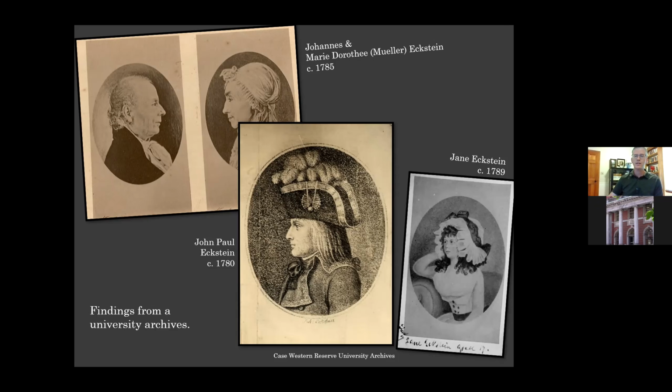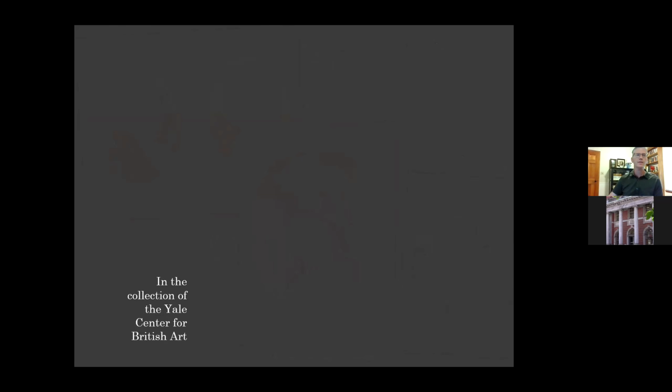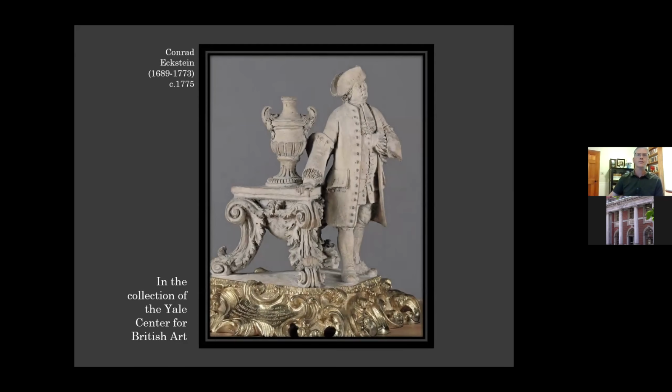And so by searching, I discovered that actually it does still exist, and it was no longer in London, but it had come to the collection at Yale, the Yale Center for British Art. And so this is my sixth great-grandfather, Conrad Eckstein, and this statue is about this tall, so it's less than a foot tall, so it's not large, but it does still exist.